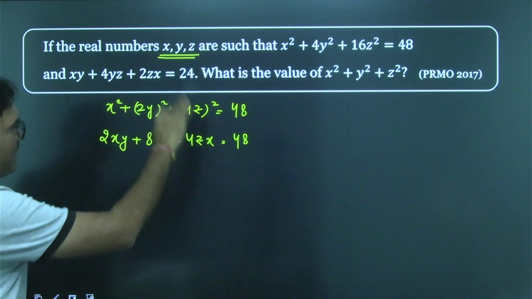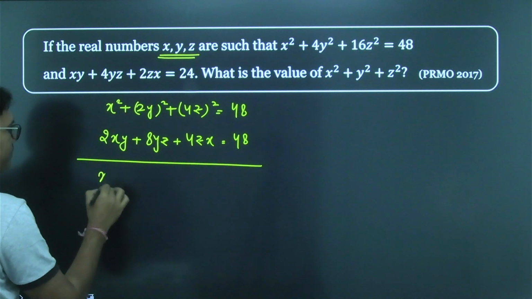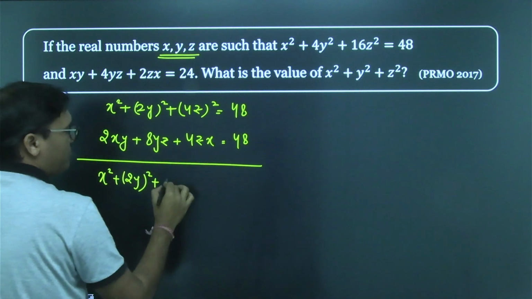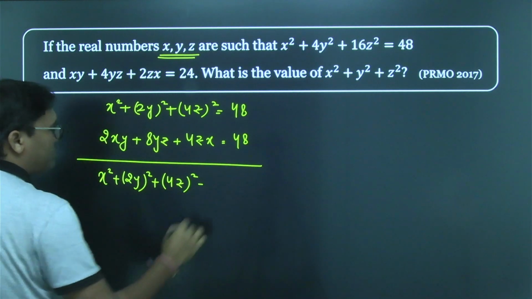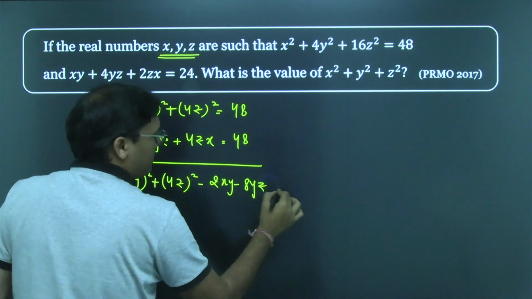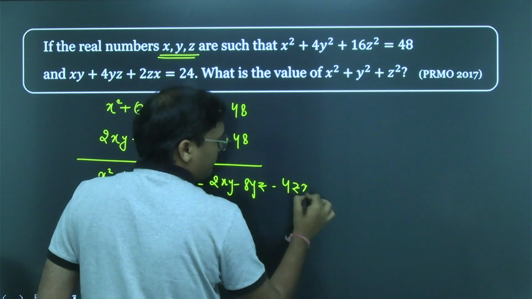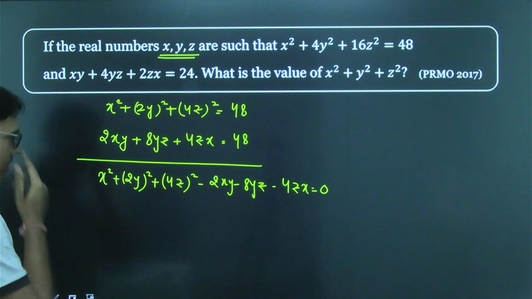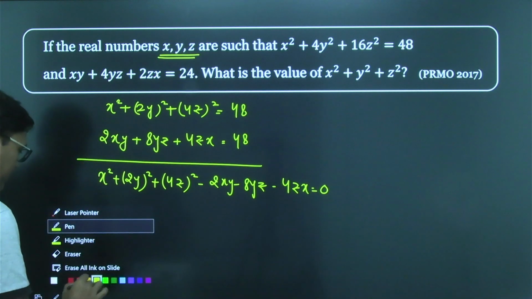If I subtract these two equations, this will become x square plus 2y square plus 4z square minus 2xy minus 8yz minus 4zx equal to 0.